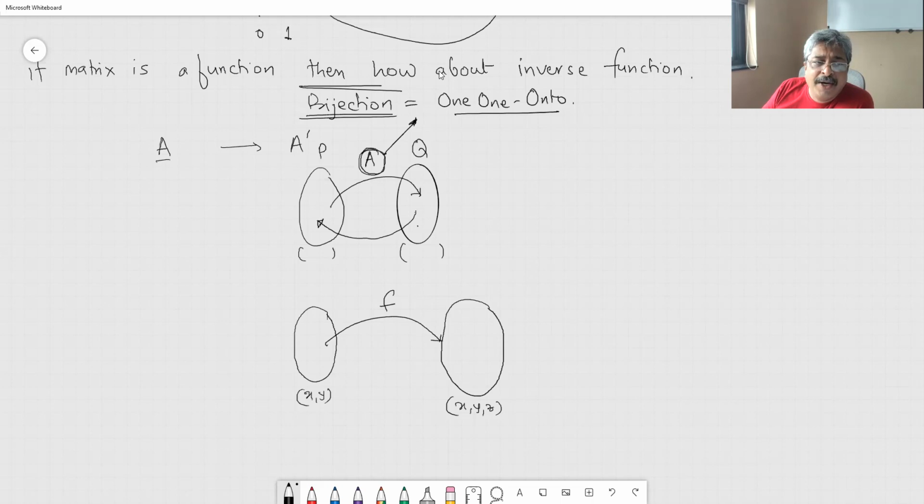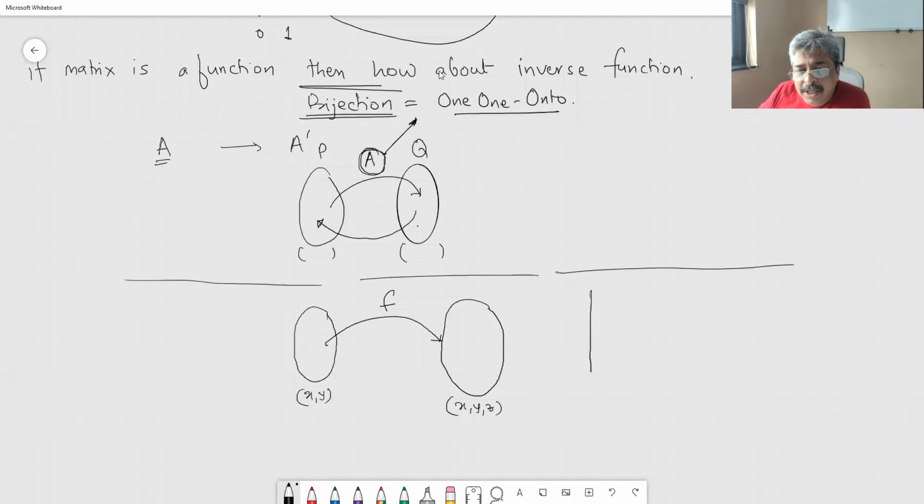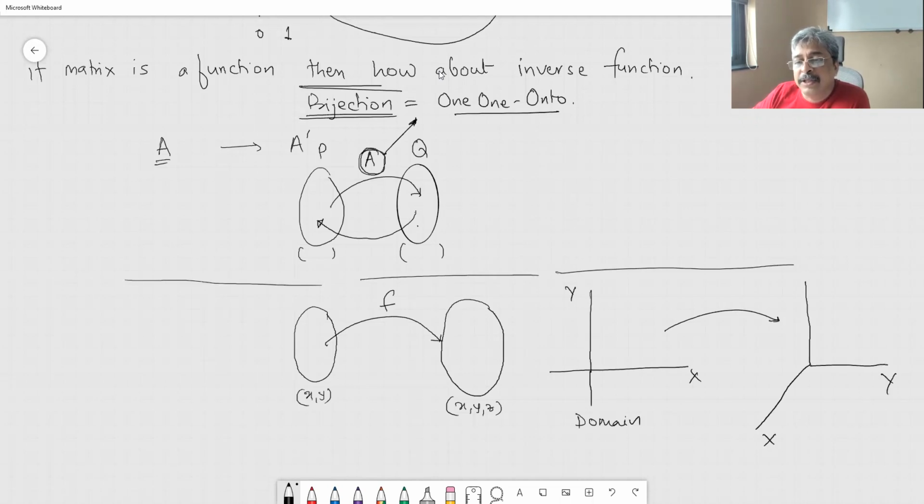Okay, so as to find out conditions on A, let us discuss in general what a function is. If my domain is two dimensional, that means I have the x-axis and y-axis with me. This is the domain, and a function is operating and you are getting a codomain which is three dimensional, x-axis, y-axis and z-axis. Okay, so we define an image here.